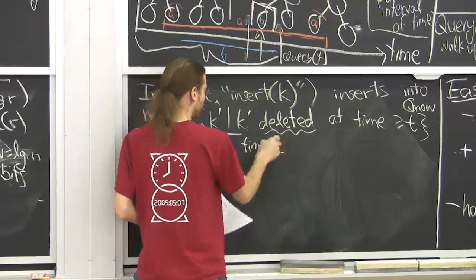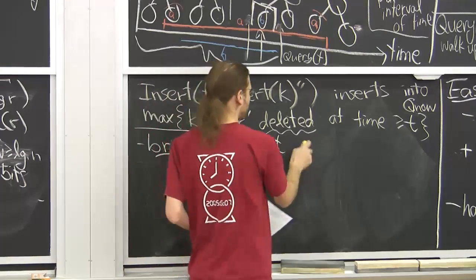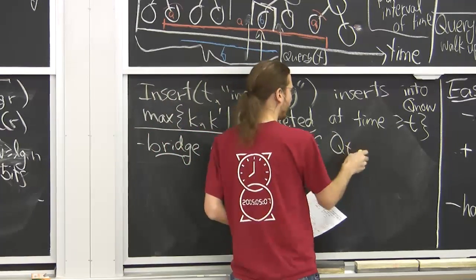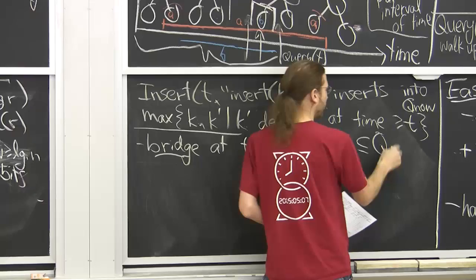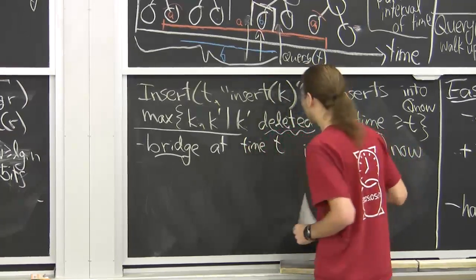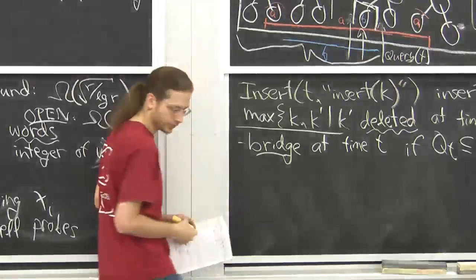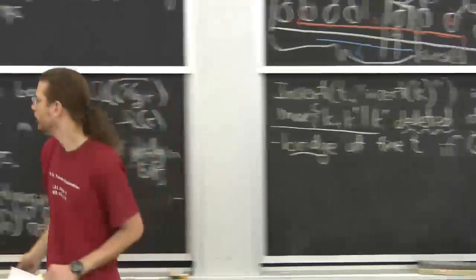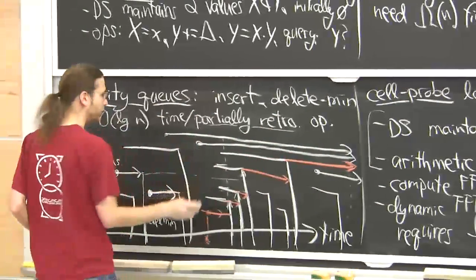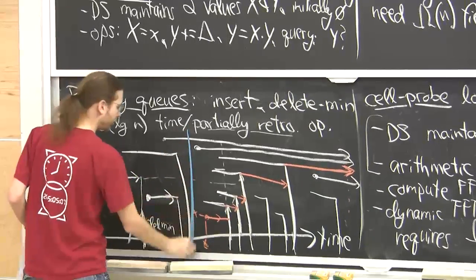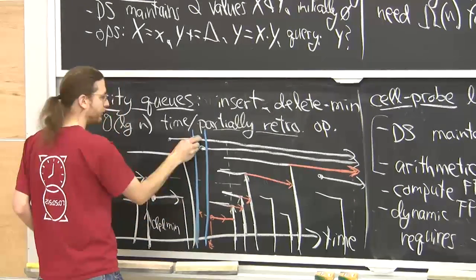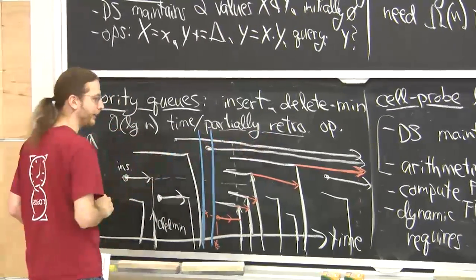Very simple idea. A bridge at time t is a time when everything that's currently in the queue will finally be in the queue. My blue chalk. So this is a bridge, because these elements exist for the rest of time.